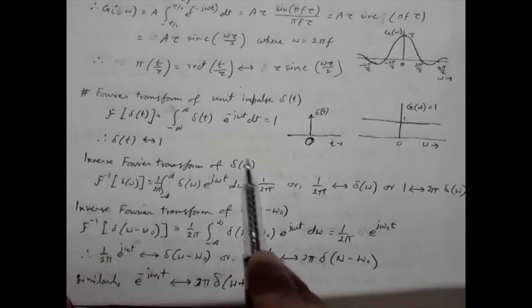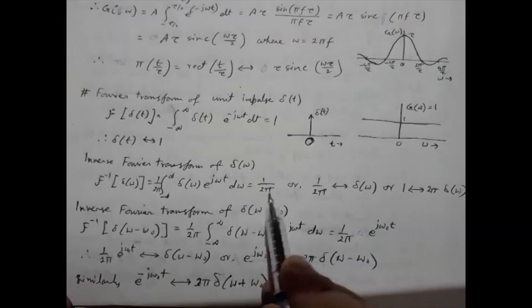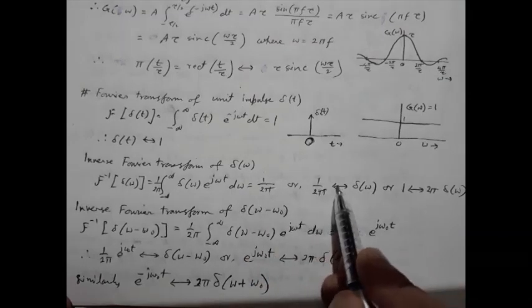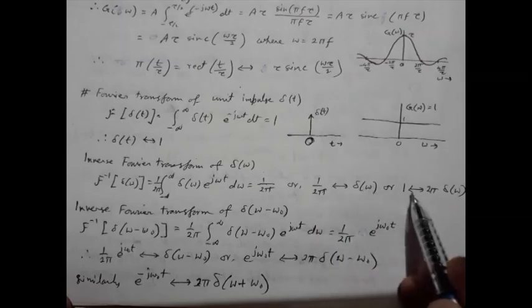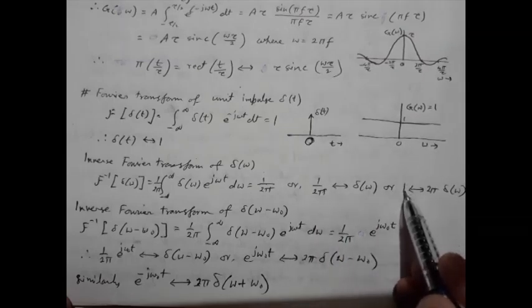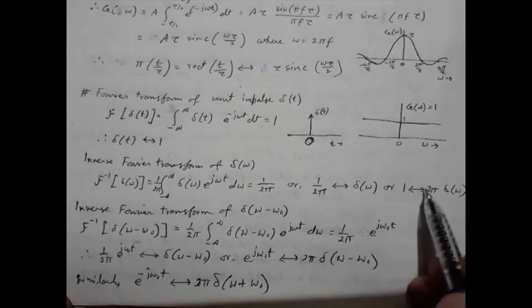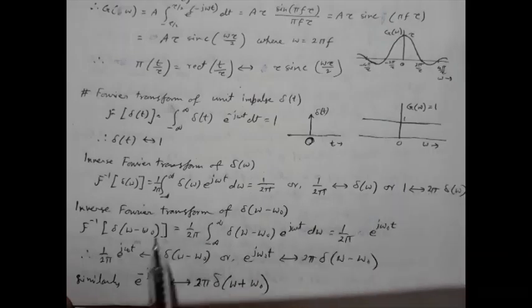Similarly, we can get the inverse transform of delta(omega), that is equal to 1 by 2 pi. So we can write 1 by 2 pi has Fourier transform delta(omega), or the Fourier transform of 1 is 2 pi delta(omega).